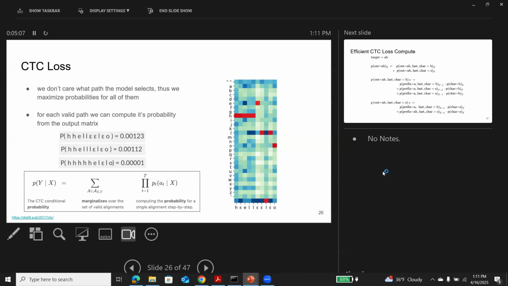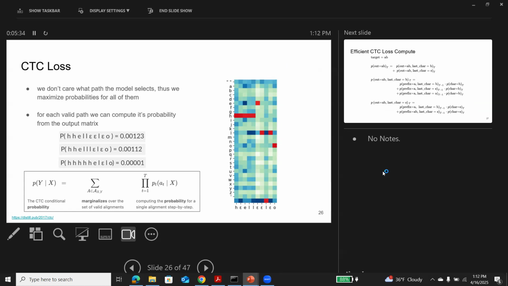The problem with this, well, maybe in this case it's just over all predictions. The problem with this function, if we compute this probability over all possible predictions, is that it has exponential time complexity if we use all the combinations.